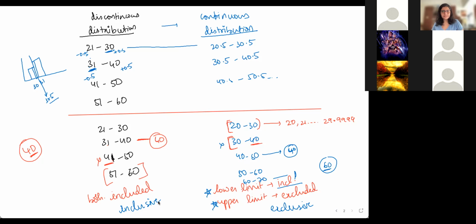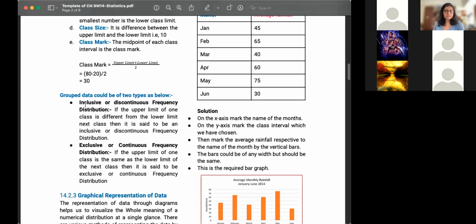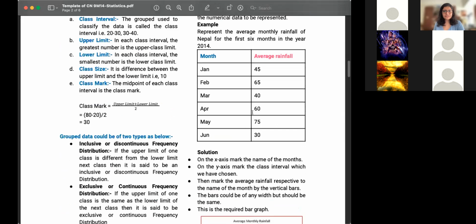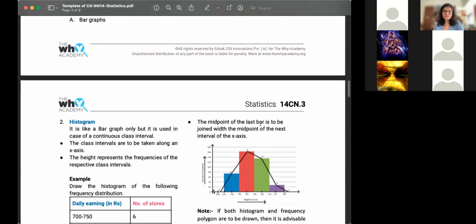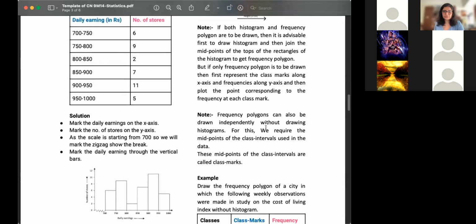So certain standards and rules are set, to standardize things. So class interval group, there you go: inclusive or discontinuous, exclusive or continuous. Graphical representation, you guys have been doing since childhood, drawing bar graphs, pie charts. Visually, you can do that. Frequency polygons, okay.